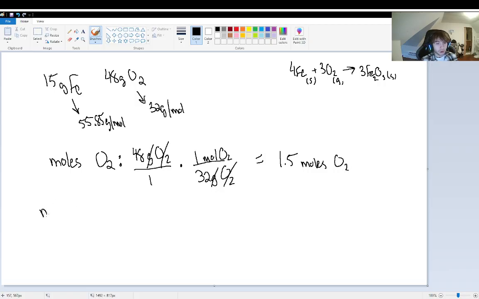Now if I look at moles of iron, this is 55.85 grams in 1 mole. I wrote this the opposite way, and I want to keep it consistent, even though the units will cancel.